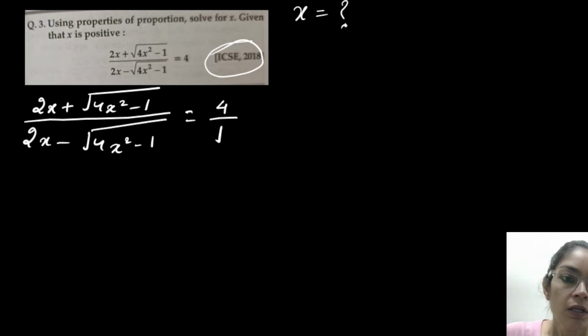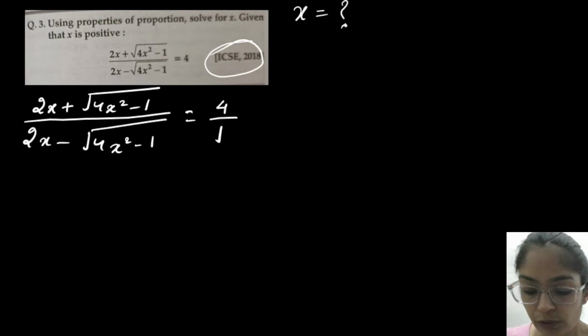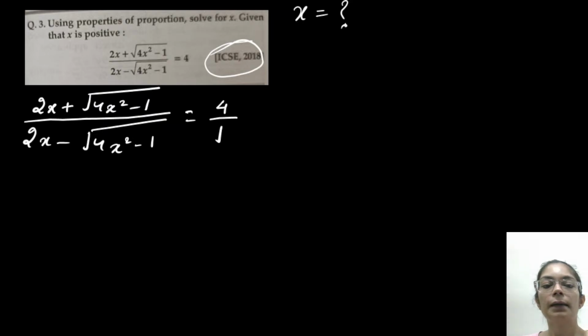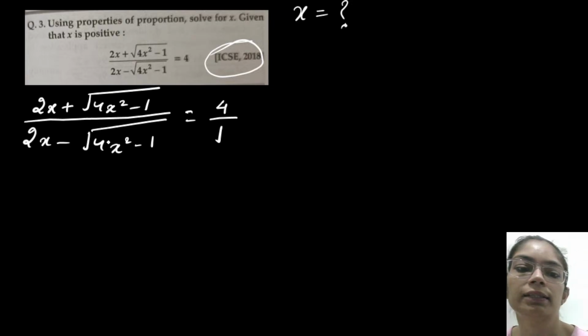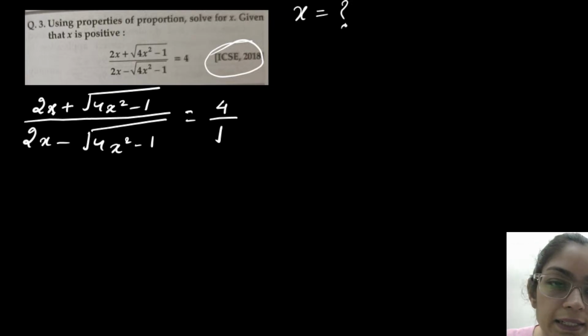Whenever two same terms are getting added and subtracted, which property do we have to apply? In yesterday's class also we discussed this. See here 2x is present at numerator as well as denominator. Root 4x square minus 1 is present at numerator as well as denominator. In the numerator they are getting added, and in the denominator they are getting subtracted. So we have to apply componendo and dividendo.